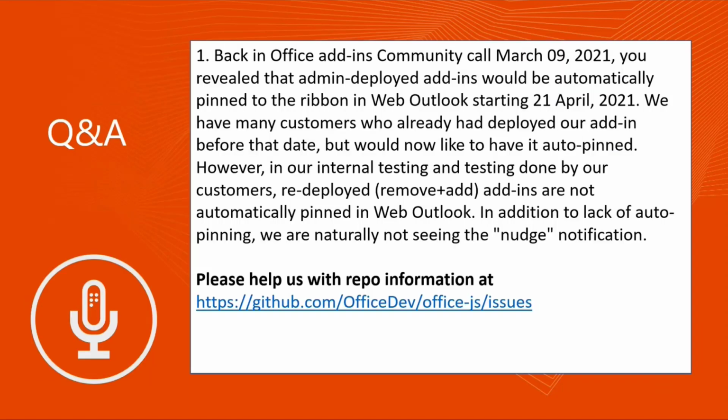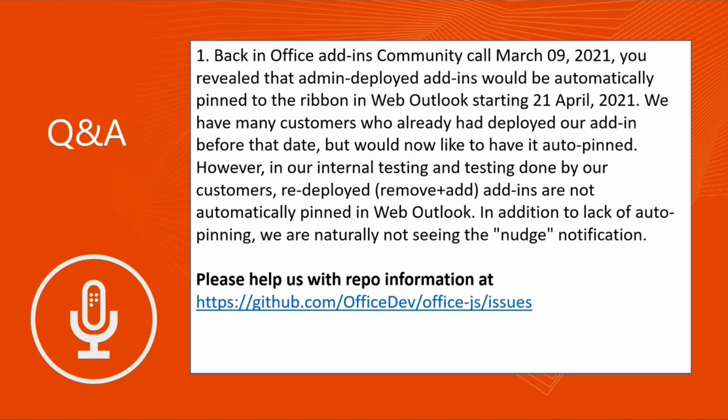And then I just want to follow up on the Q&A. We had a couple of questions come in on the form. One question said: back in the Office add-ins community call in March, you revealed that admin-deployed add-ins would be automatically pinned to the ribbon in Outlook on the web starting in April. Many customers have already deployed our add-in before that date but would now like to have it auto-pinned. However, in our internal testing and testing with customers, redeployed add-ins are not automatically pinned in Outlook on the web.